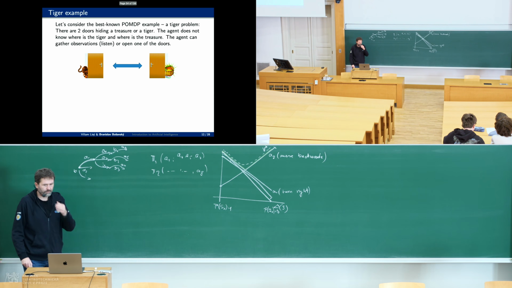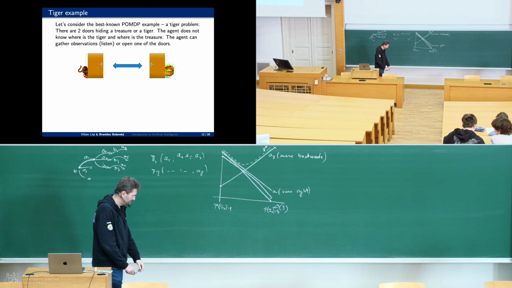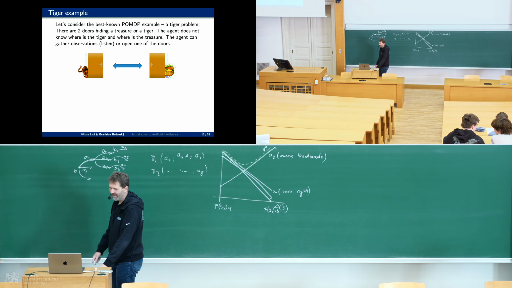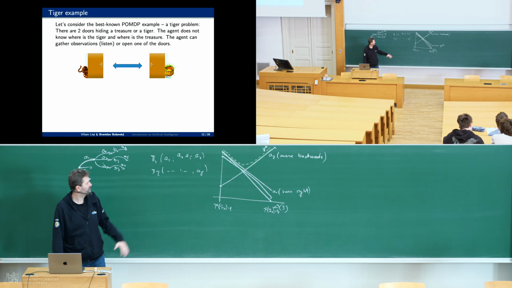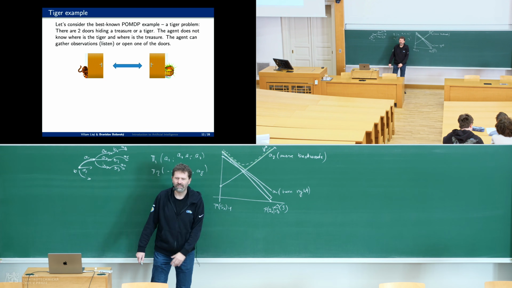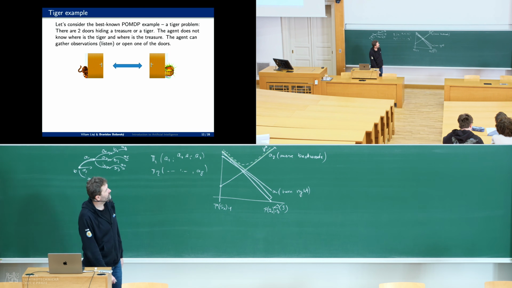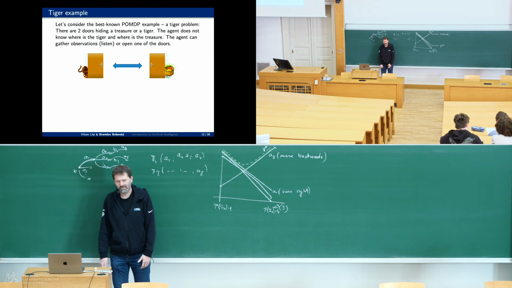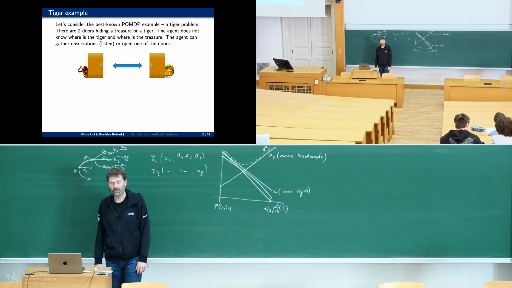Okay, so let's move to the example, which is the best known example for POMDPs. It's very simple, and it's very difficult to visualize these linear functions in more than dimension 2. That's why this tiger example is most often used to demonstrate the alpha vectors and how it all works.